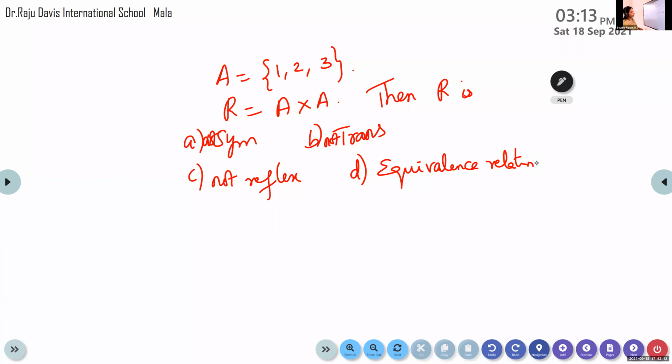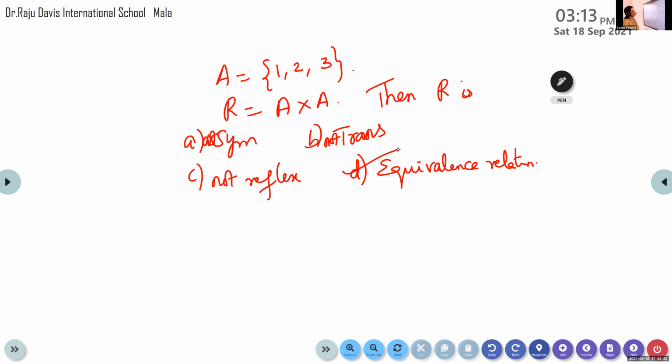What is the answer, children? It is A cross A. You take the whole set, so it will be an equivalence relation.